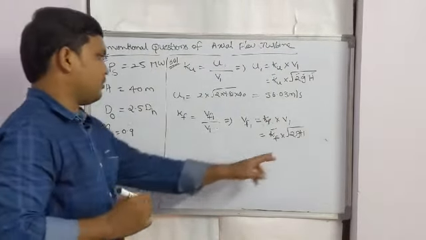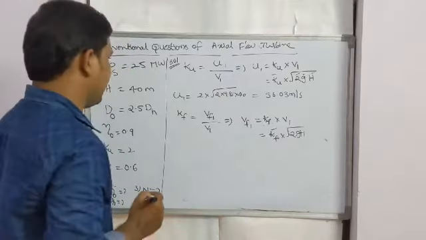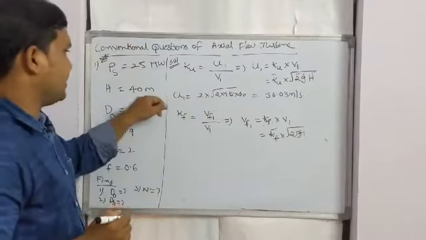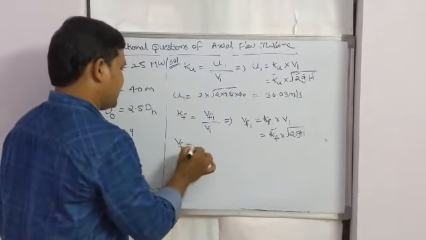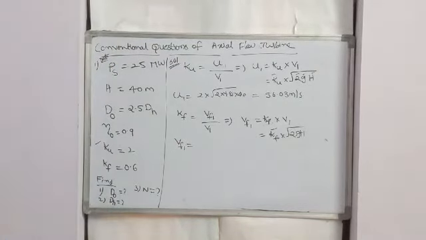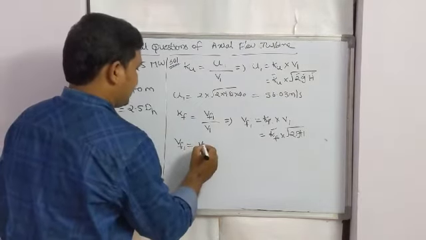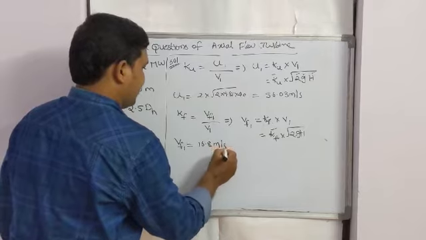Kf is given in the problem, 2 is a constant, g is the acceleration due to gravity, and head is given as 40 meter. By substituting all of these we get Vf1, the flow velocity, as 16.8 meters per second.